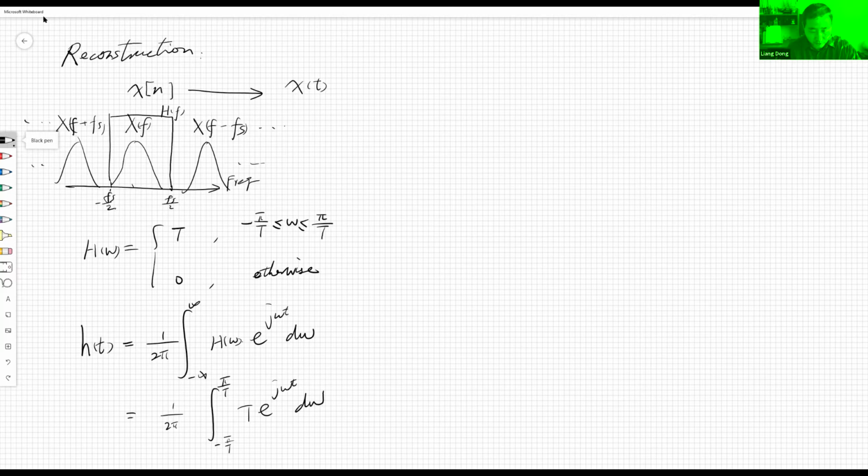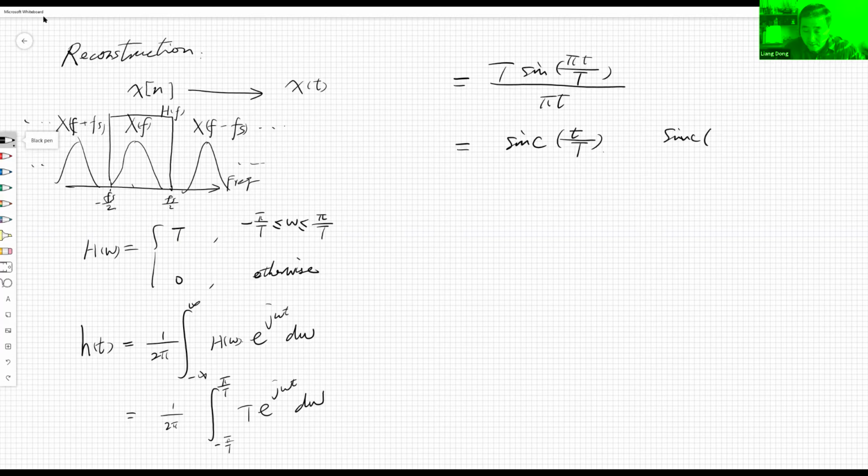To calculate this integration, eventually it will give us a sine function, sine of pi t over capital T, divided by pi t over T. That is our sinc function: sinc(y) is sine of pi y over pi y.